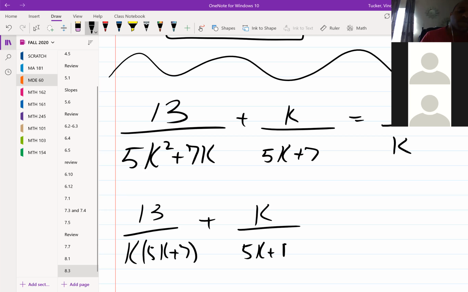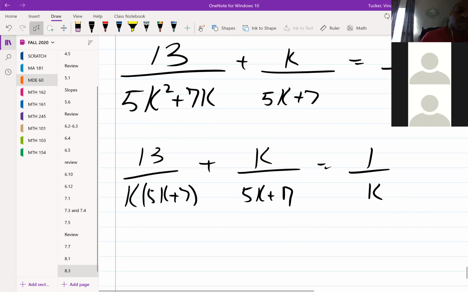Now, you taught me if I see an equal sign, I don't worry about the denominator being the same. I take my LCD and multiply it to all my numerators. You got it.